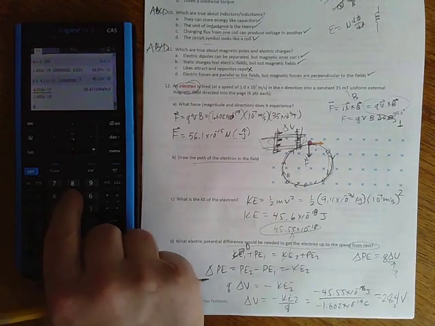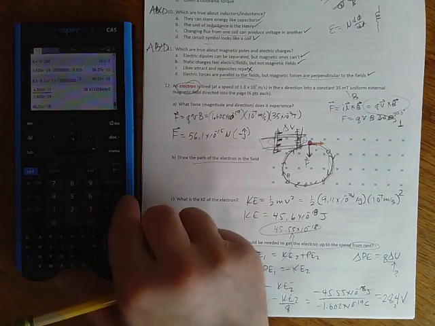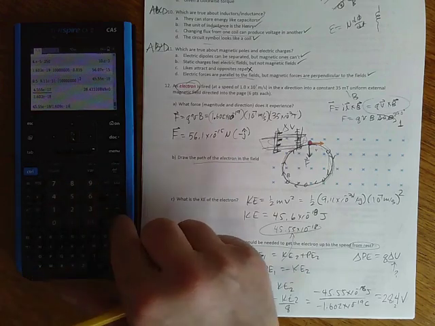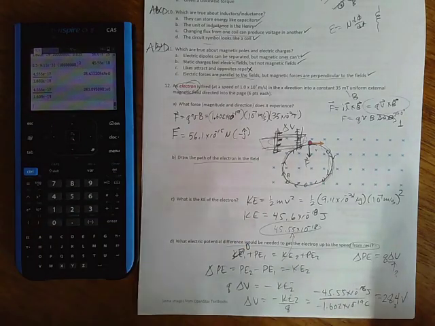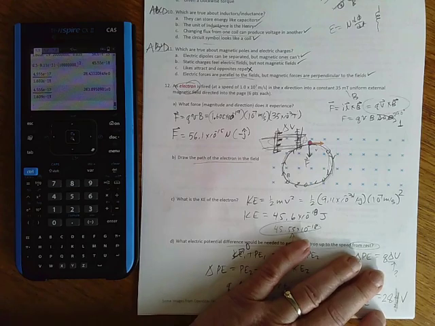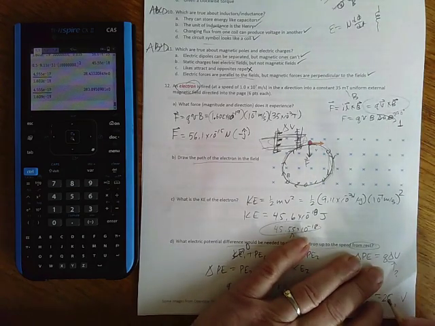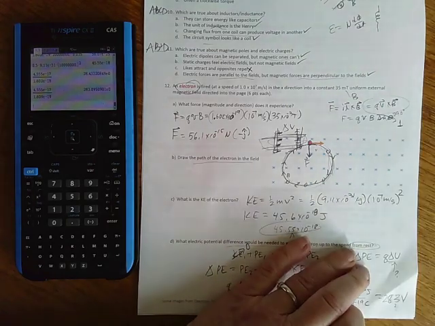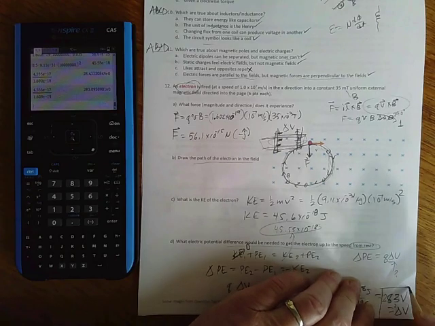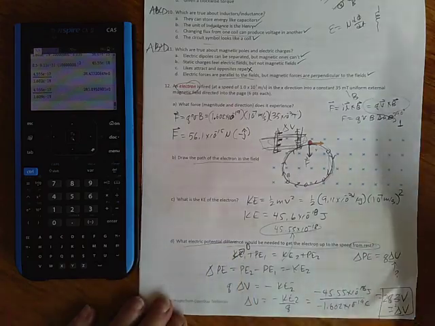I'll plug that in again. That's 283. I did something wrong with my calculator. 283 volts. It's a little high, but we'll go with it. That's delta V, the potential difference.